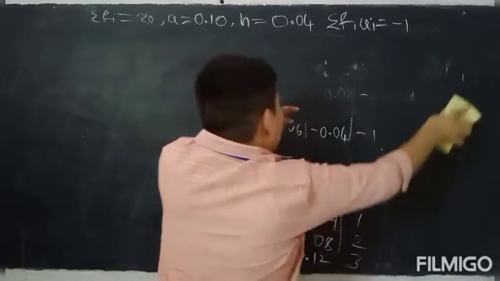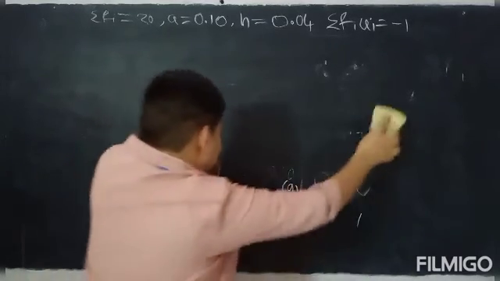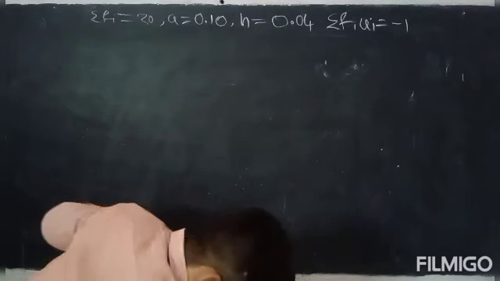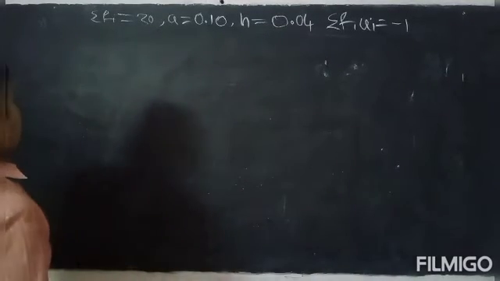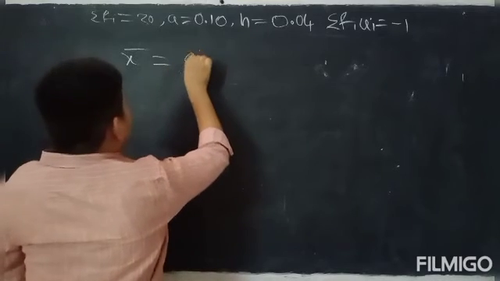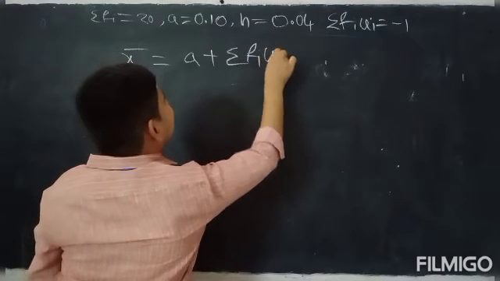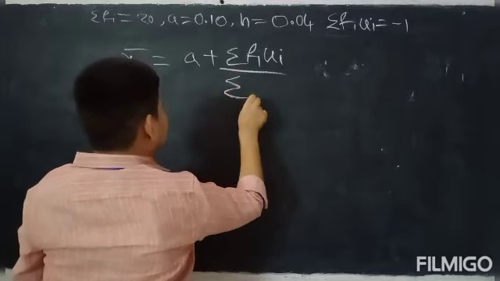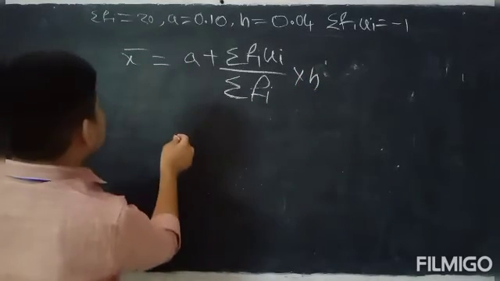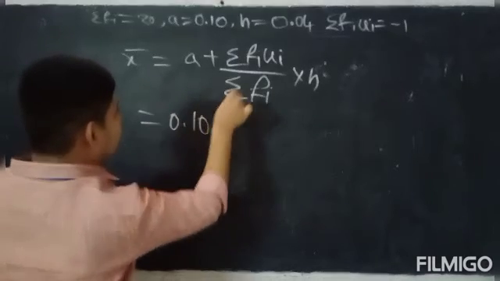So x bar equal to A plus sigma Fi Ui by sigma Fi into H. Okay? Here A is 0.10. 0.10 plus sigma Fi Ui.